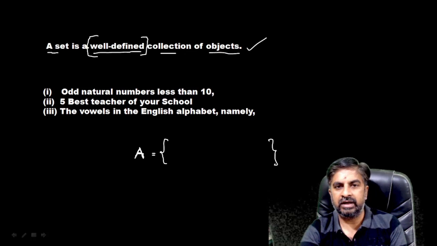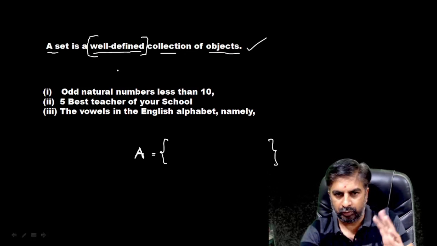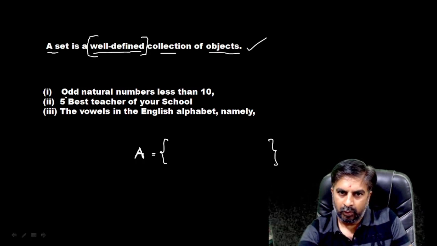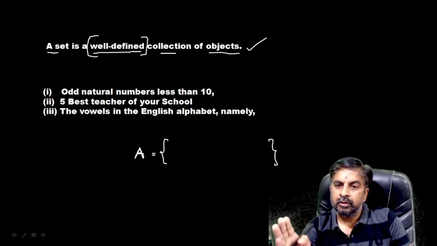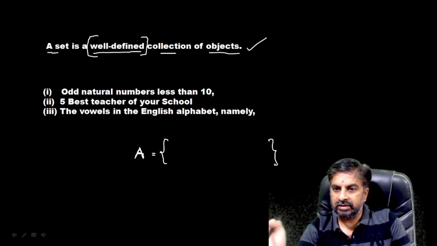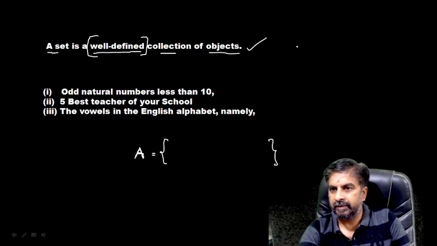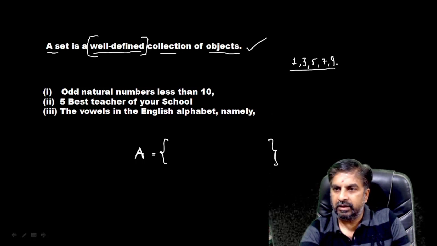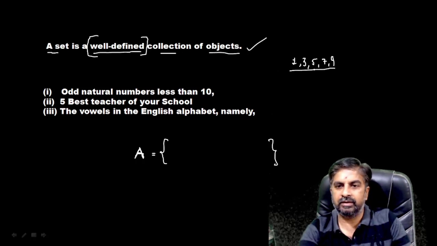So a set is a well-defined collection of objects. Look here, they said odd natural numbers less than 10. You know which they are? Odd: 1, 3, 5, 7, 9, less than 10. Can you say any other than these?